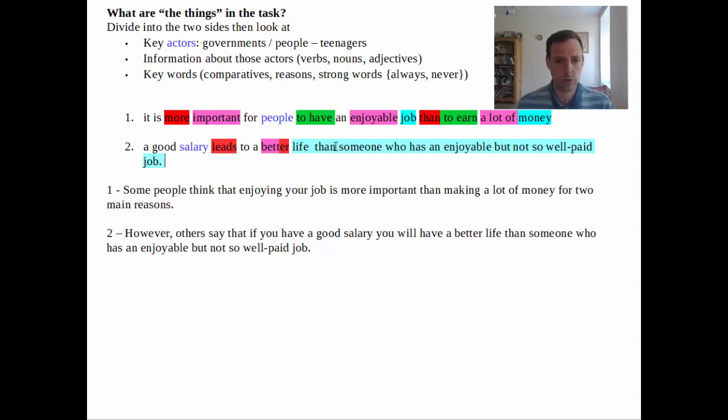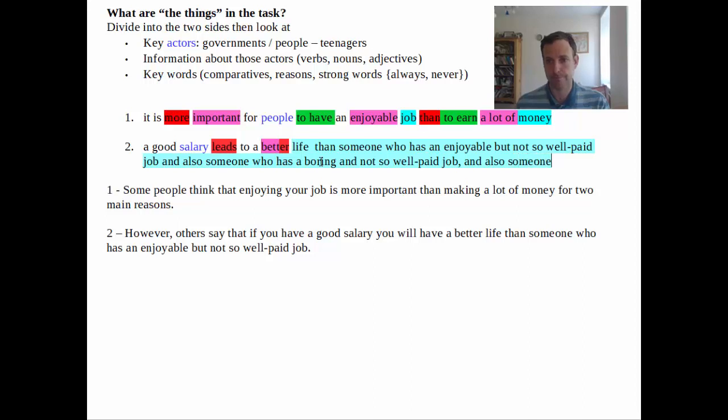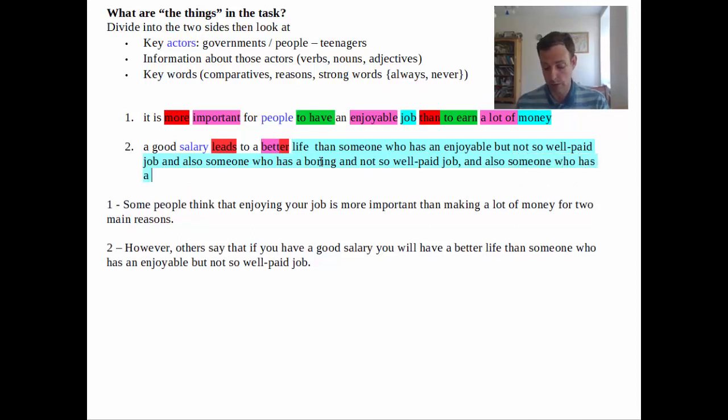Now, it's not in the exam task. You'll have a better life than someone who has an enjoyable but not so well paid job, and also someone who has a boring and not so well paid job, and also someone who has a dangerous and not so well paid job.